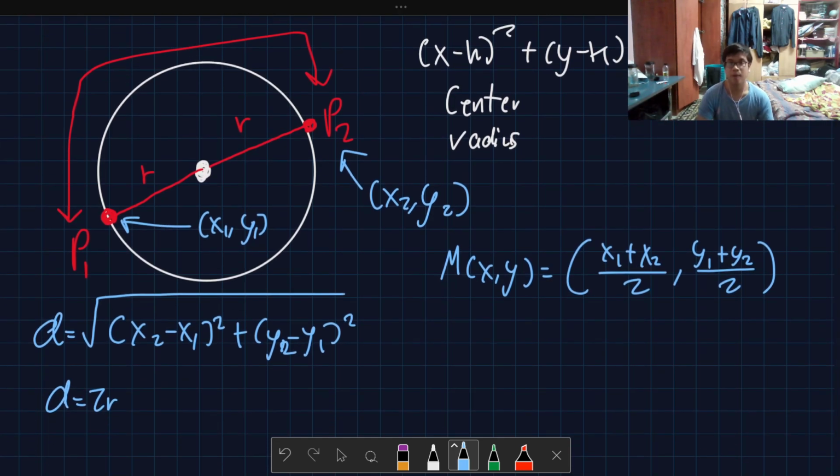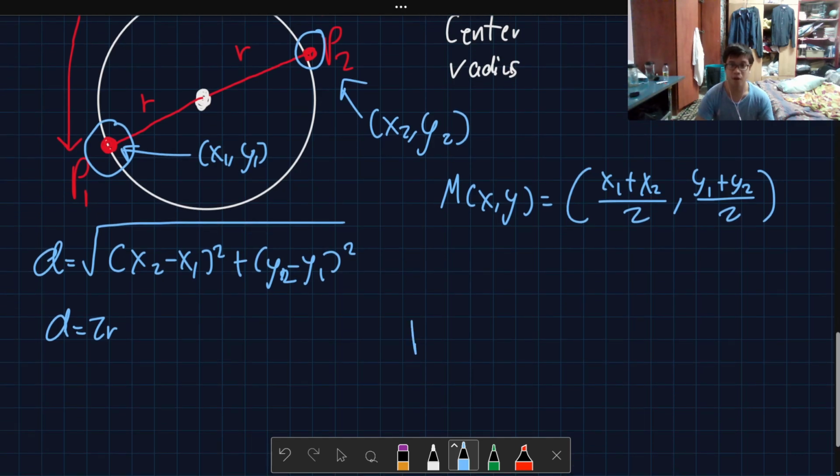Now, why use the midpoint formula? Let's just say we have point 1 and point 2, and you want to know the middle point of these two points.